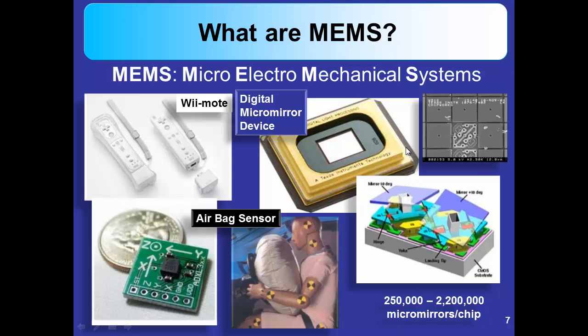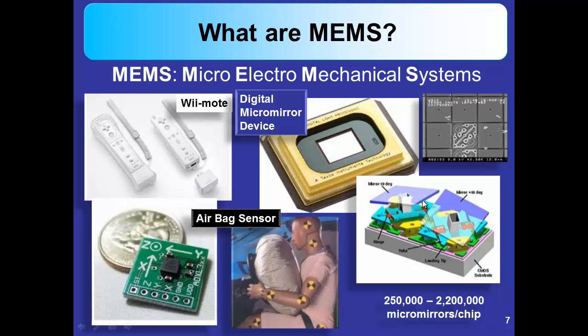In order to render the image, there's an array of micromirrors, and this is another electron microscope image looking down on those. Each one of these micromirrors is about 10 micrometers on a side. So these are very small, allows you to put on a standard XGA array about 800,000 of these micromirrors.